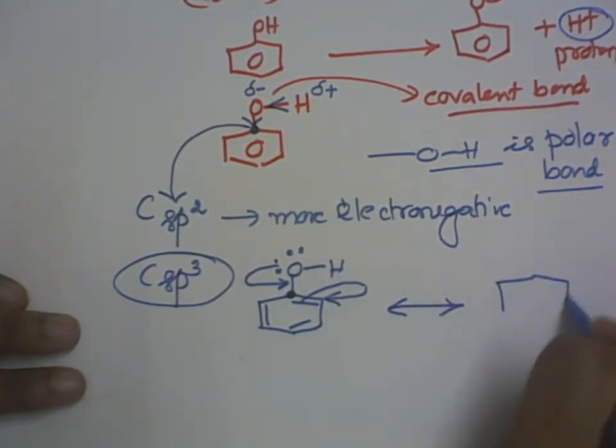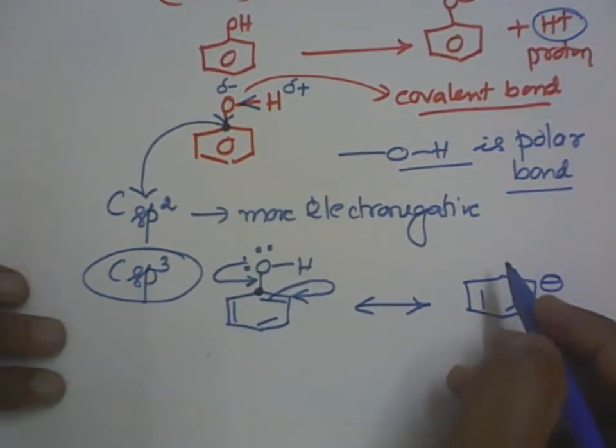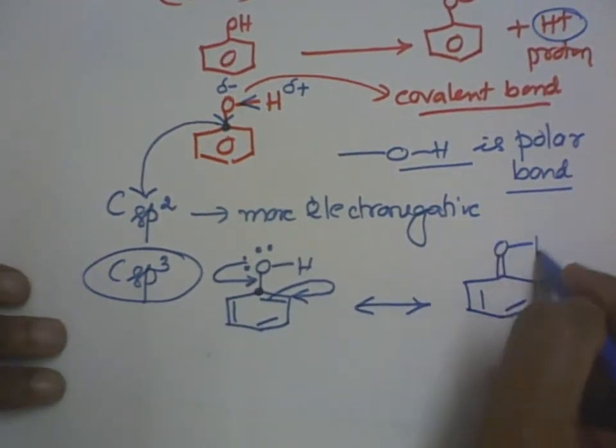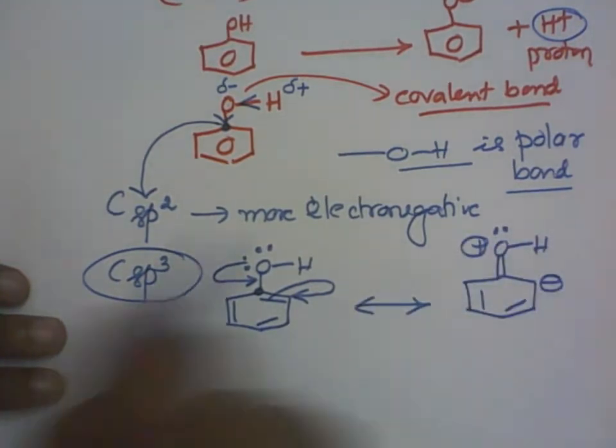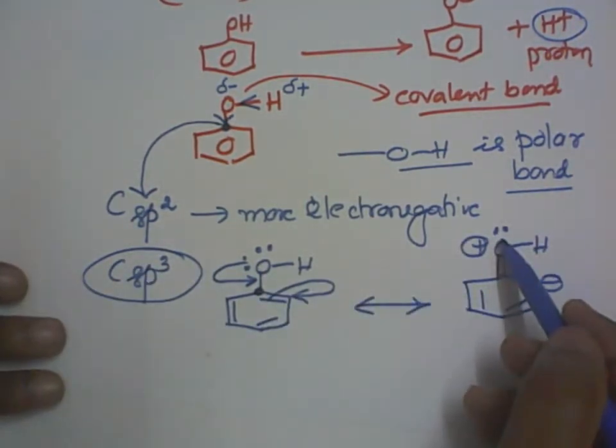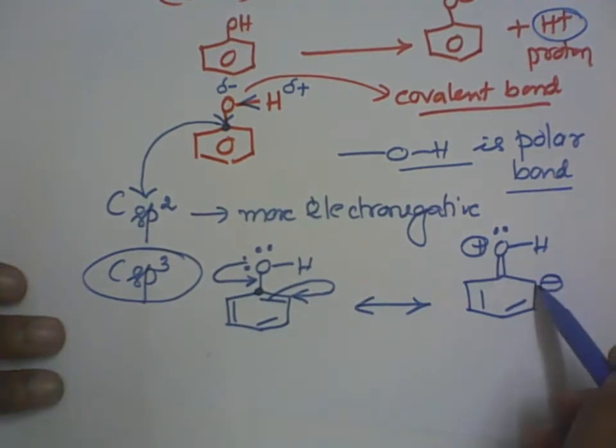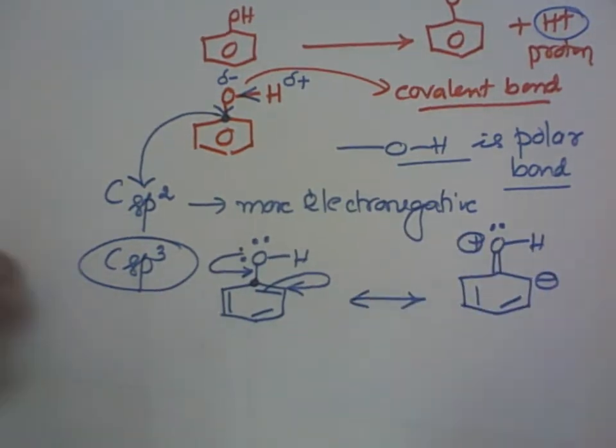This I explained in the last class. There is a negative charge on the ortho position, then a double bond to OH, and one lone pair remains. When the electrons are lost, we get a positive charge. When carbon gets an extra bond, it gets a negative charge on the ortho position. Let me show you that.